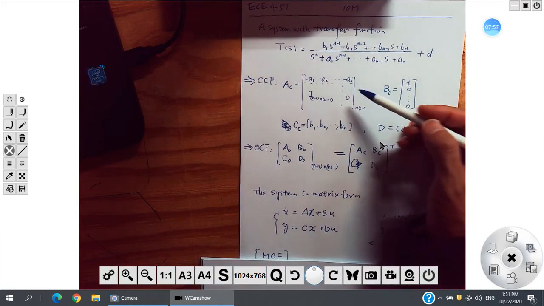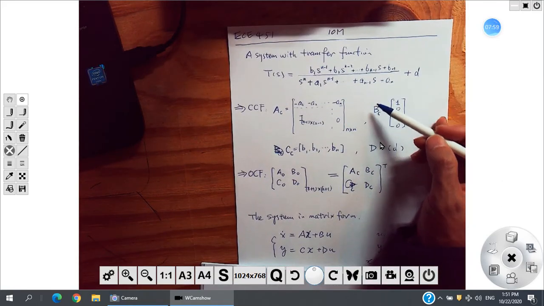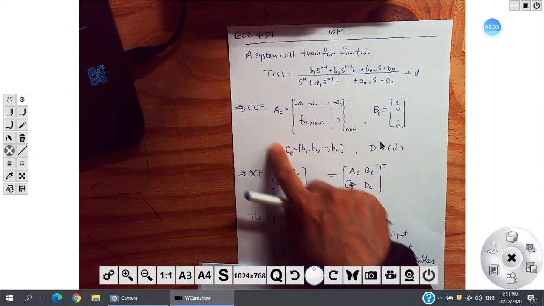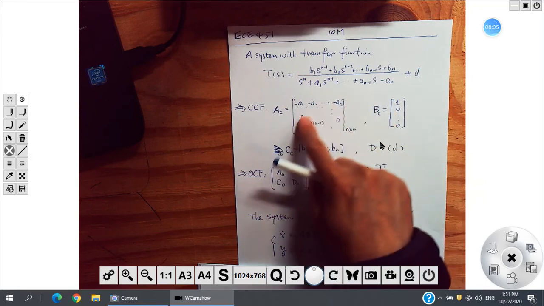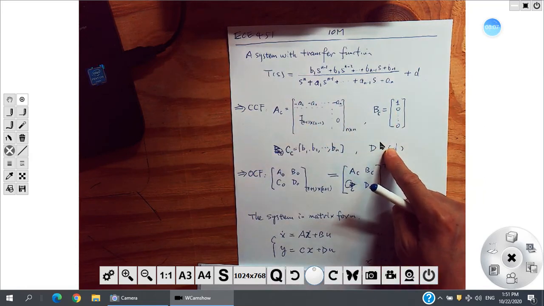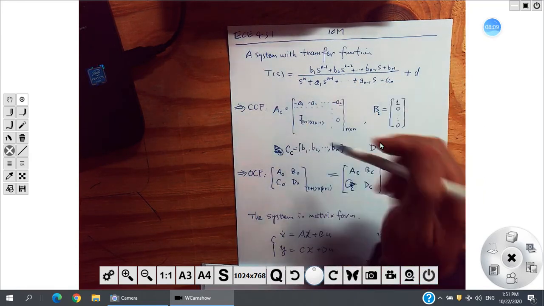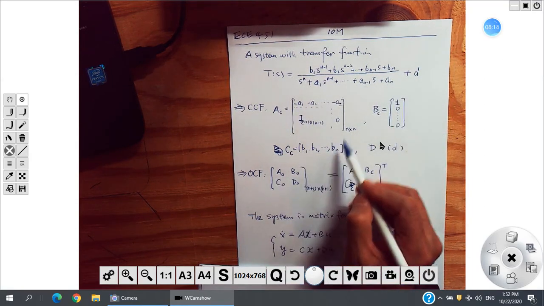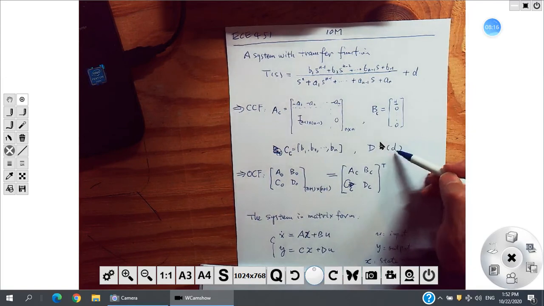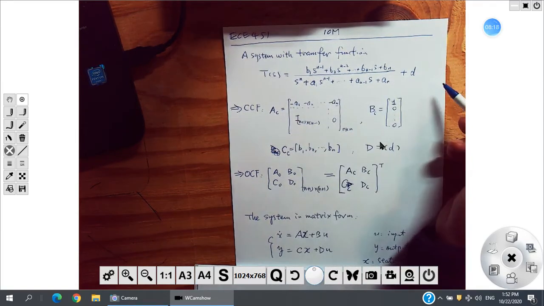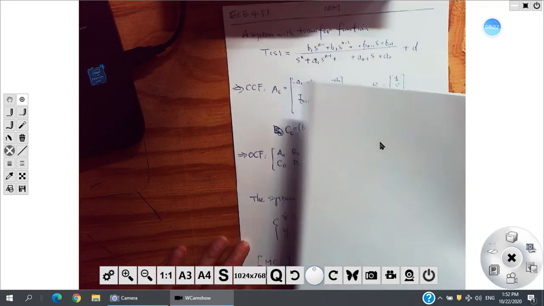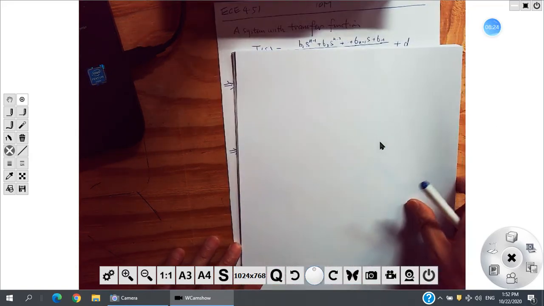You just put the right number in the right place. Suppose you have the CCF, you have these four matrices, then the transfer function is just this one. You put a1 to an here, put b1 to bn in the numerator, and put d here. You have the transfer function. But we want to know more generally, so we can think like this.